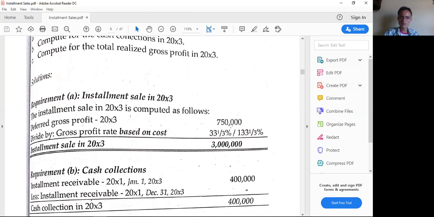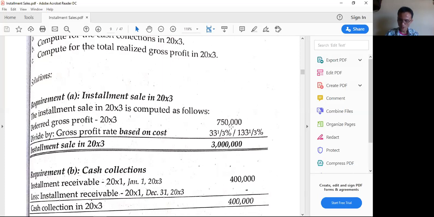So 750,000 divided by, this could be 750 divided by 0.4, what is that?